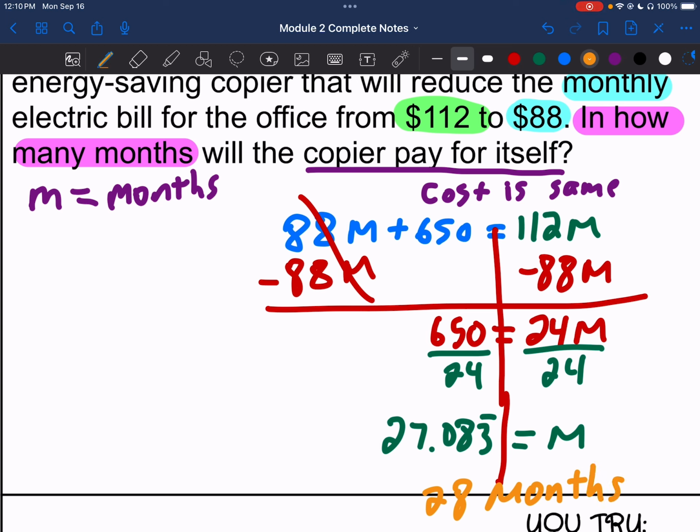Because after 27 months, there's still that 0.083 repeating of the cost that hasn't been made up yet. So it's really close at 28 months or 27 months, but 28 months would be the correct answer because at that point it is now paid off. You are now saving money from here on out on your electrical cost every month for running this copier.